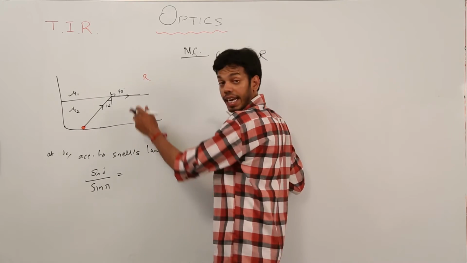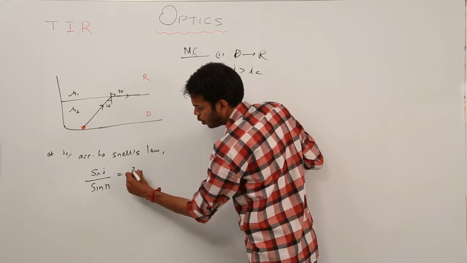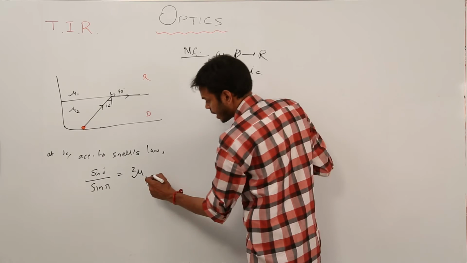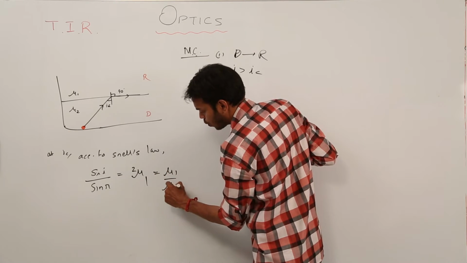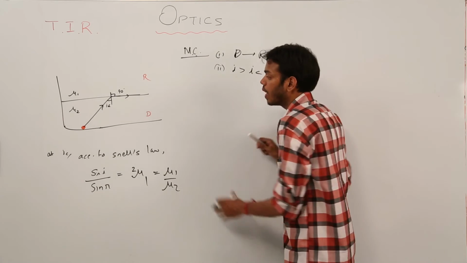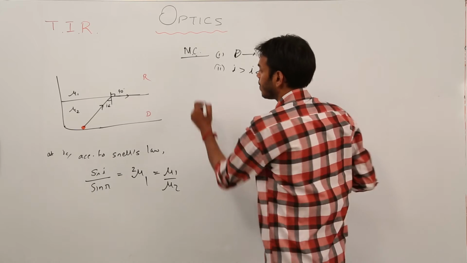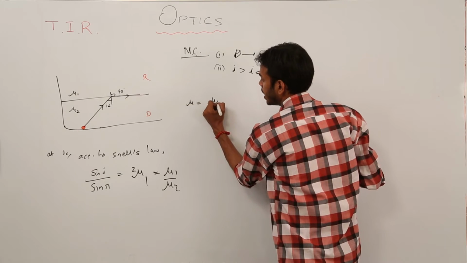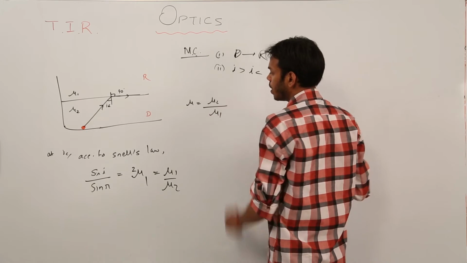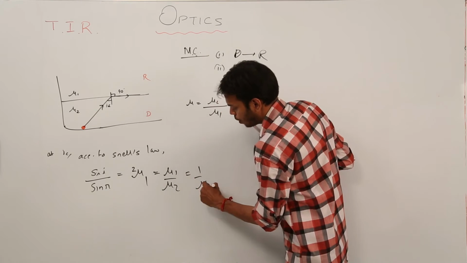For the last time, the ray is traveling from medium 2 to medium 1, so I would write 2mu1, and this is converted into mu1 over mu2. So sin i upon sin r is equal to mu1 upon mu2. What is the refractive index of this denser medium? It would be the refractive index of the medium upon the refractive index of the surrounding, so this is basically 1 upon mu.